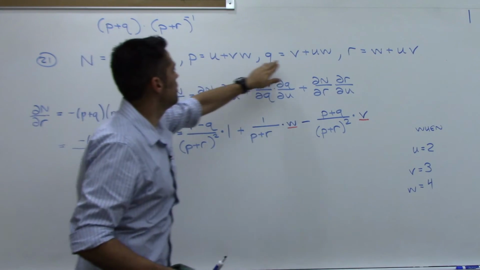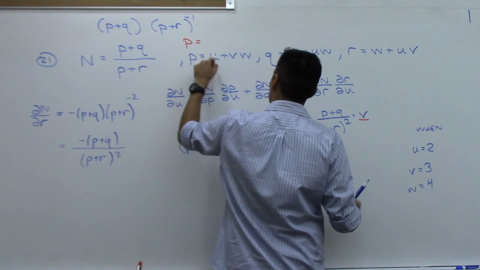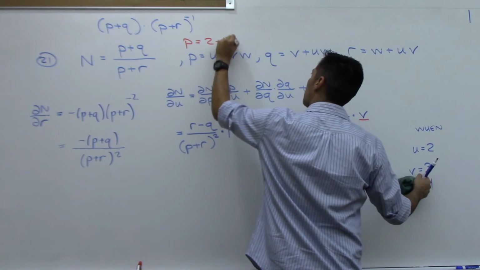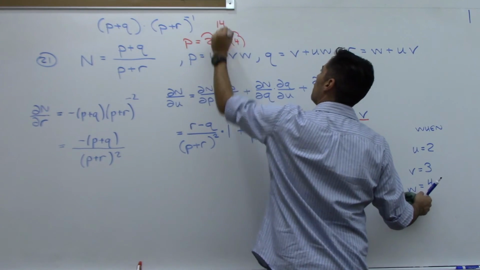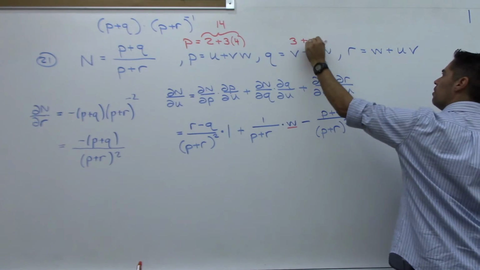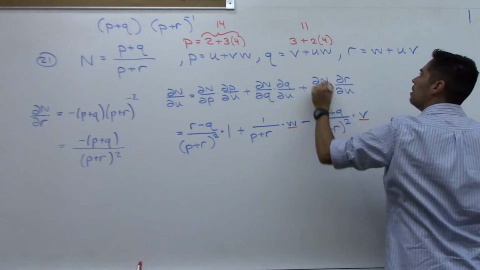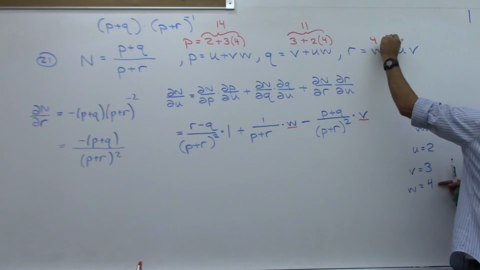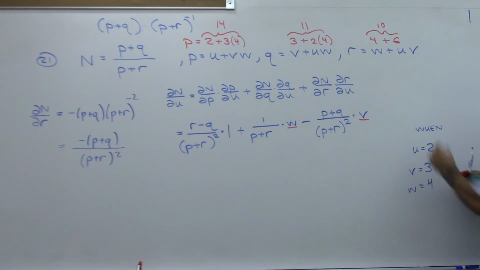Well, we come back to the formulas for P, Q, and R. Let's figure out what P is when U is 2, V is 3, W is 4. So that would be 14. Q, when this is 3 plus U is 2 times W is 4. That's 8 plus, that's 11. And then R, let's see, W is 4 plus U times V is going to be 6. That's going to be 10.